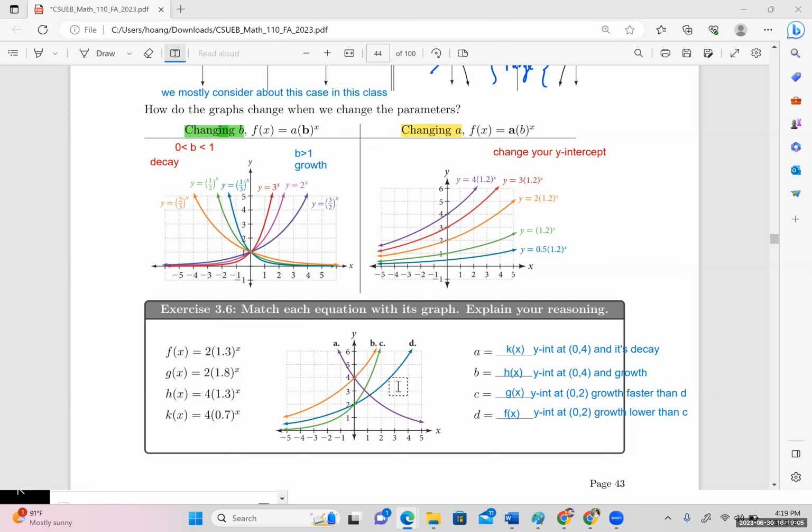C and D could be a little bit challenging, but you see that C goes up quickly, or let's say grows faster than D. C will have a higher growth factor than D, and I would choose g of x for C, compared to l of x with factor 1.3. So l of x might be the last one, right? Okay, I'm going to stop my 3.1.1 here, and we'll see you in the next section.